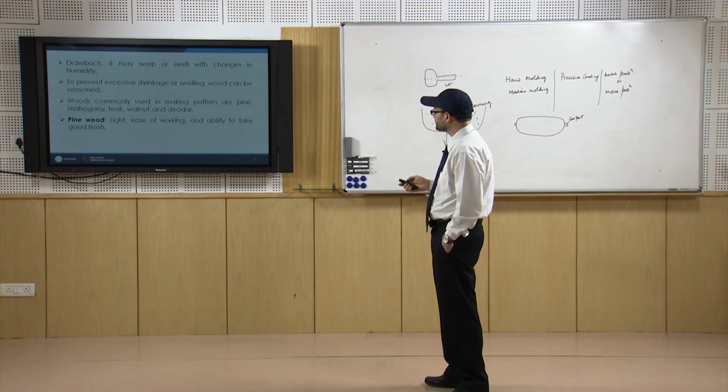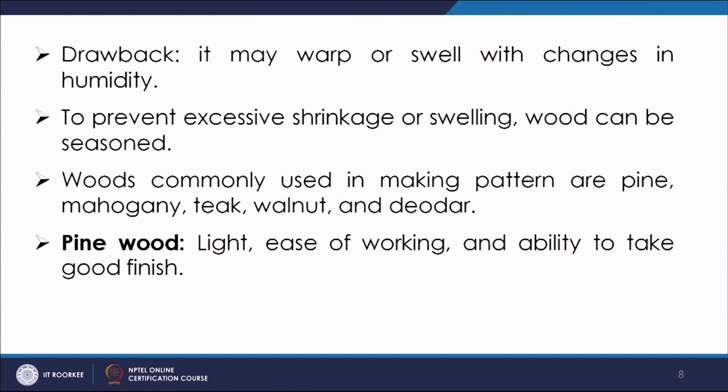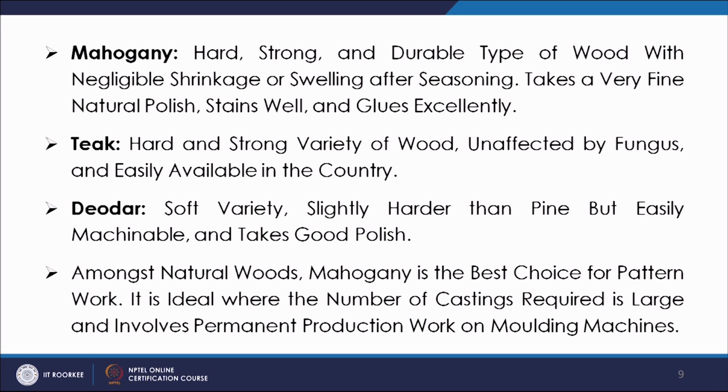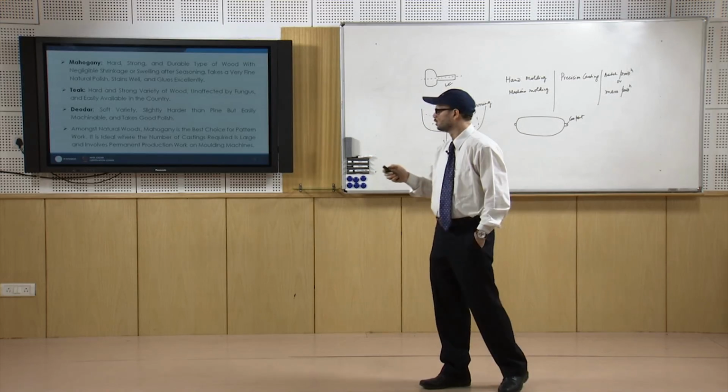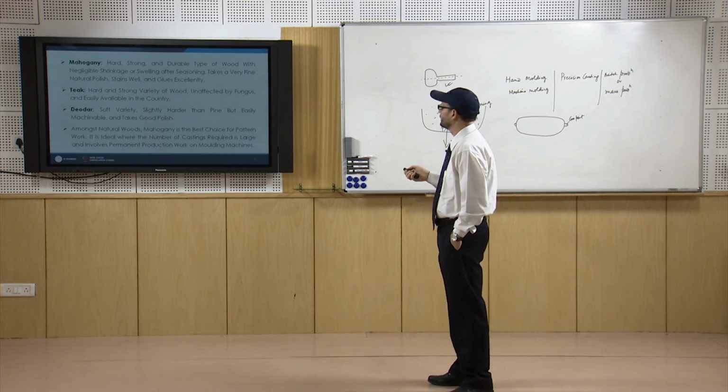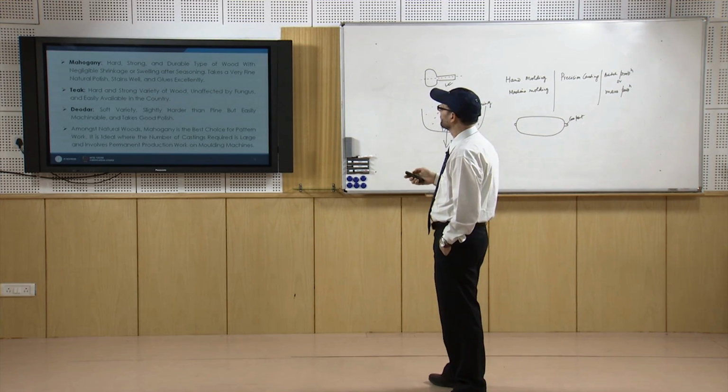Now the characteristics of these varieties of wood. Pine wood is light, easy to work and able to take a good finish. Mahogany is a hard, strong and durable wood with negligible shrinkage or swelling after seasoning. It takes a very fine natural polish, stains well and glues excellently. So, joinability is there, good finish is there, all these qualities are there in mahogany.